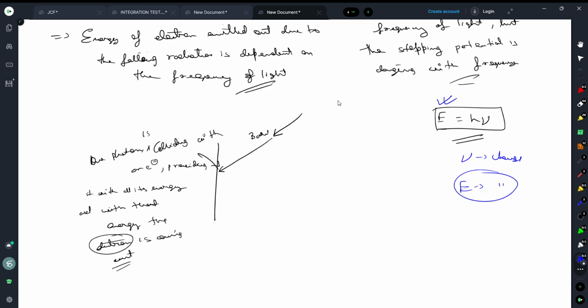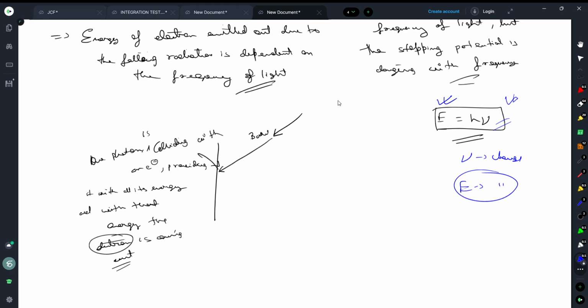If light were a wave, then this equation would not have been valid, because it is valid for wave packets, or rather the quanta, the particles of light. Each photon of a light source has its energy quantized in the form of h nu.